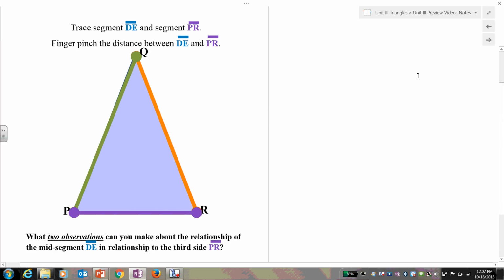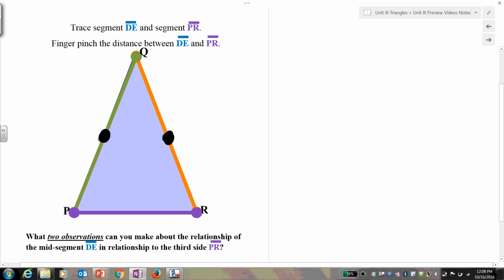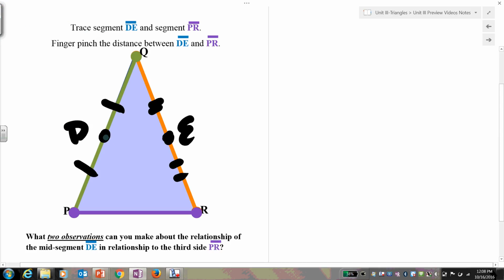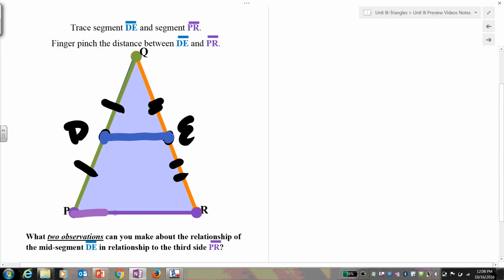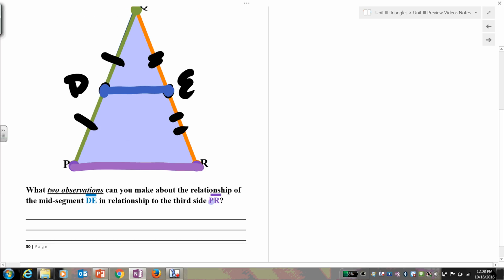Let's see what we know. We had a midpoint and a midpoint. D, E, hatch mark, hatch marks. Ask ourselves again, what two observations can you make about DE compared to PR? I'd like you to write down your predictions here.